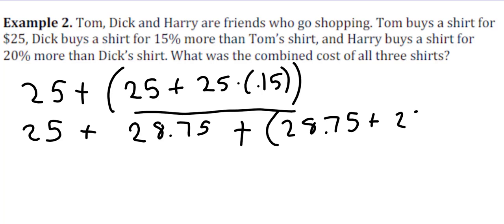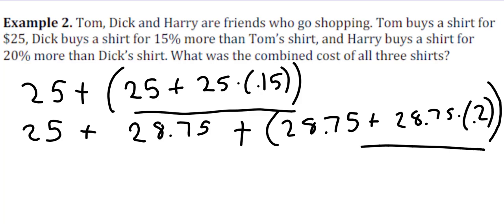So we're going to have plus 28.75 times 0.2. Another parenthesis in there. There we go. All right, so if we work this out, oh, pen's not working again. There we go. What does that give us when we type it in? 34.50.